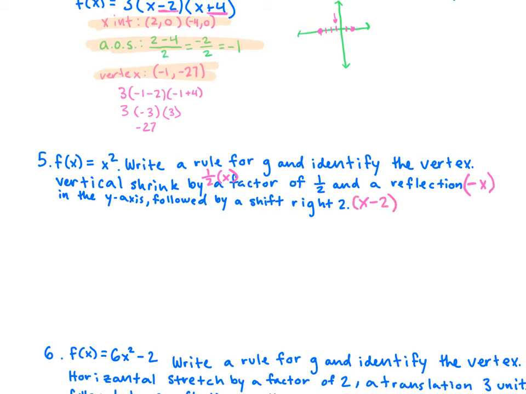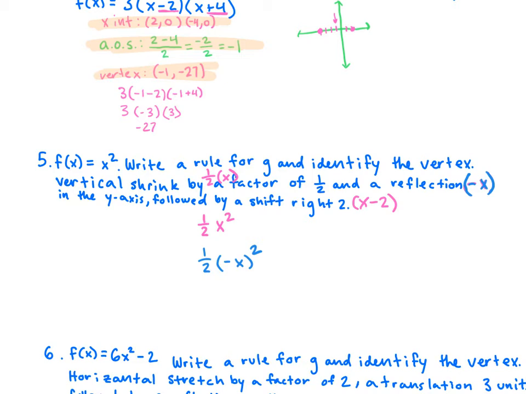So we just need to apply each transformation one thing at a time. So we have 1/2 being multiplied to our outside. Now we have a negative that we need to multiply on the inside. What happens when we have a negative number squared? It becomes positive.